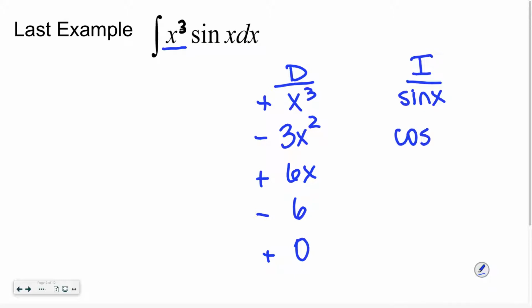The antiderivative, not the derivative. The next one is the opposite. Yeah, we're going backwards. Cosine.